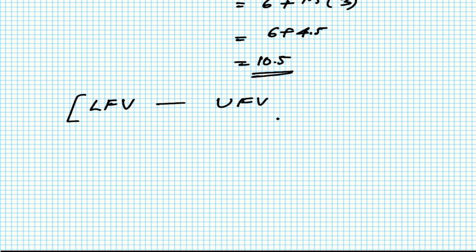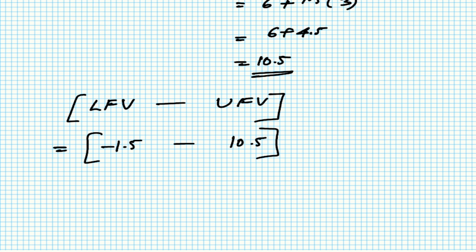The upper fence value, so far it's minus 1.5 till how much? It's 10.5. Okay, so use this, compare this with your data. That's how I identify an outlier.